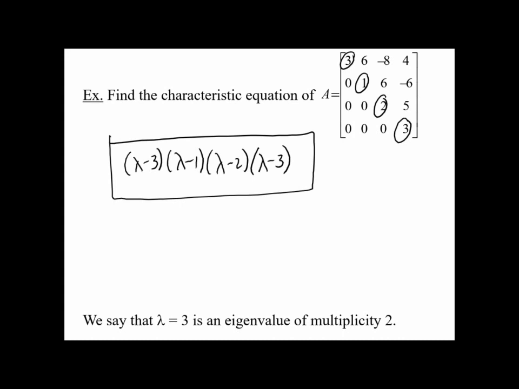In this example, we're going to say that lambda equals 3 is an eigenvalue of multiplicity 2, again, because it appeared twice. And in fact, our earlier example was the same way. We had lambda minus 3 being a repeating factor, and so we say that it's an eigenvalue of multiplicity 2. Okay, we can go into a lot more depth about eigenvalues, but for this class, we're only going to be interested in real valued eigenvalues.